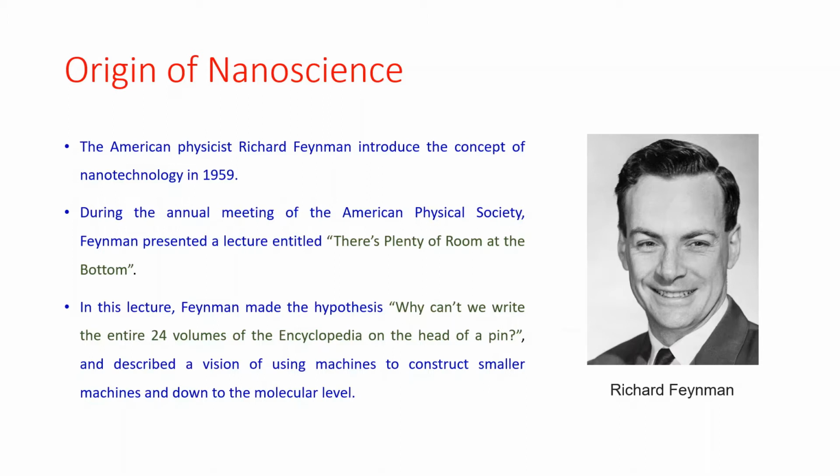And he described a vision of using machines to construct smaller machines, down to the molecular level. This new idea demonstrated that the Feynman hypothesis has been proven correct. And for these reasons, Feynman is considered the father of modern nanotechnology.